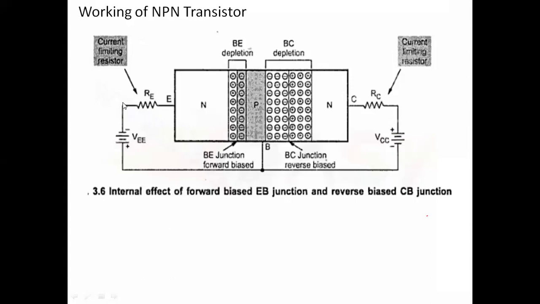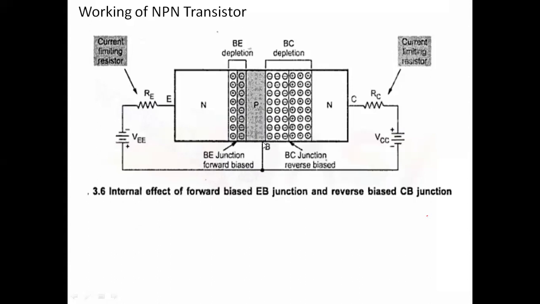Here a small amount of current will be amplified and it will be collected as a higher value as the output. If you observe this, when the 2 electrons combine with the holes in the P region, due to that we have a small amount of current. That is called the base current.